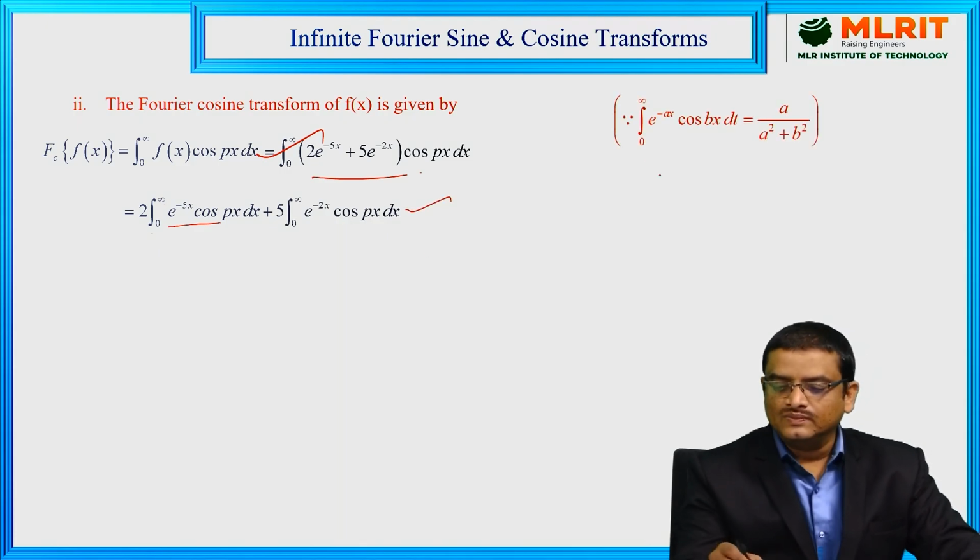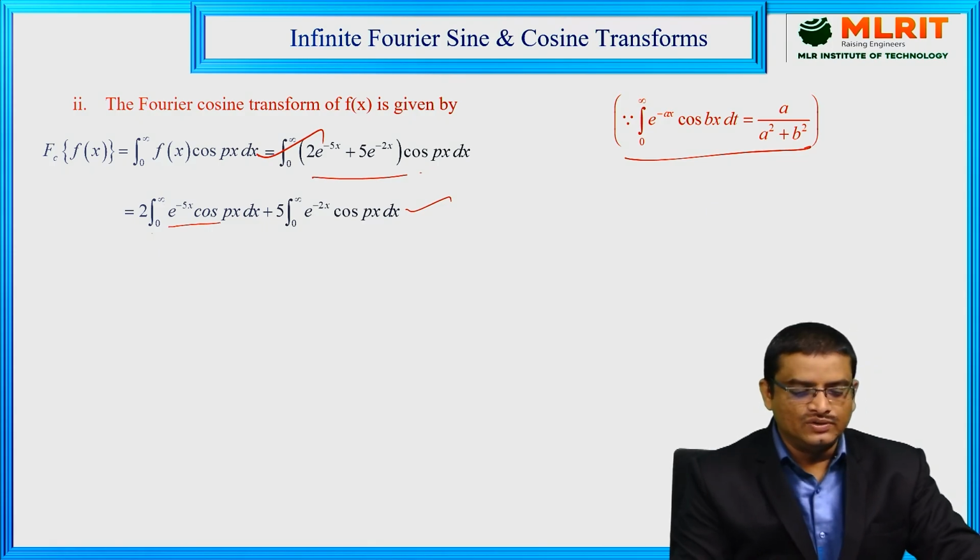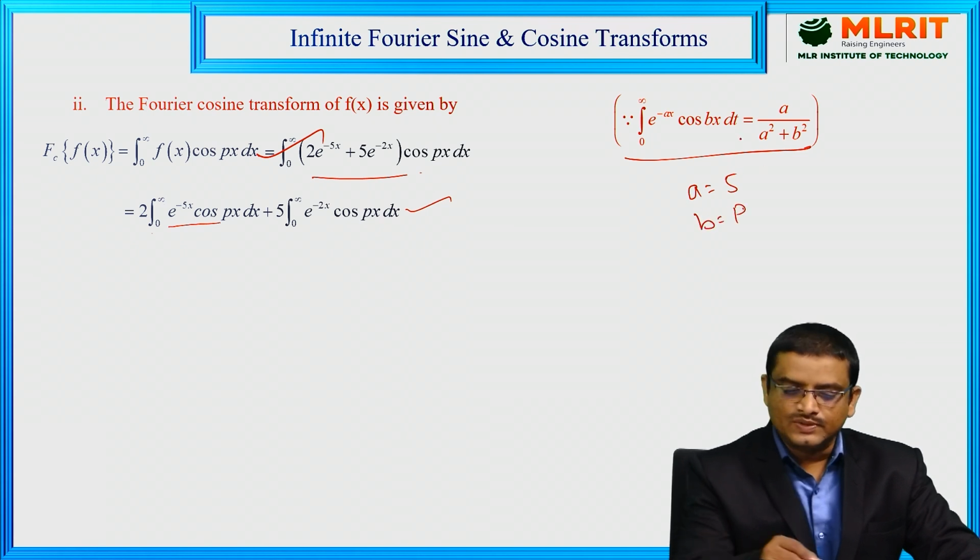Use the formula. We have the shortcut formula in order to evaluate these integral values. Here you will get a is equal to 5 and b is equal to p. Now substitute in these two integrals.